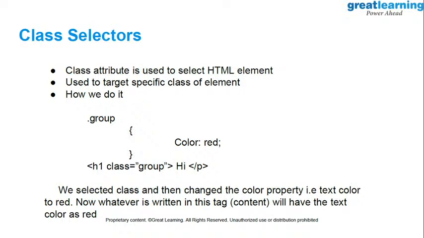Now if you want to select any unique h1, you use an id. But let's suppose there are 10 h1 tags in your HTML page, and you want to target only 5. You cannot do it with the help of an id because the id is unique. Is there any way? Yes, with the help of class you can use this class selector to change the properties of those 5. Use dot for class.